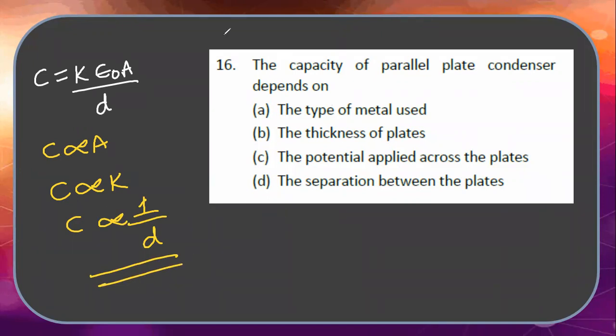We have to check the options: the type of material used, the thickness of the plates, the potential applied to the plates, the separation between the plates. The first three are not correct. Only the last one is correct: the separation between the plates.